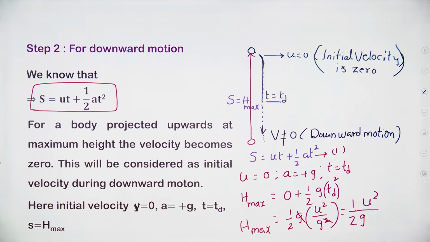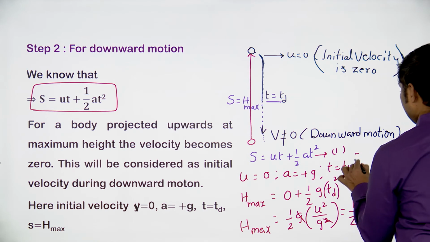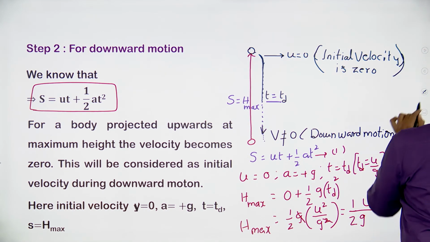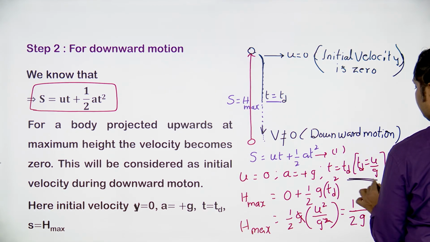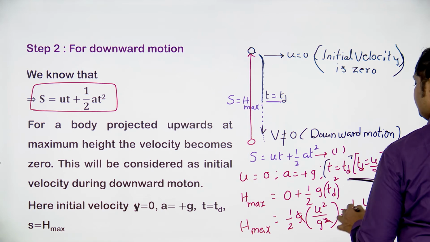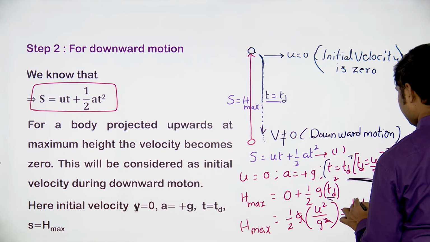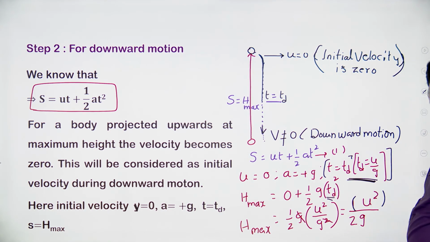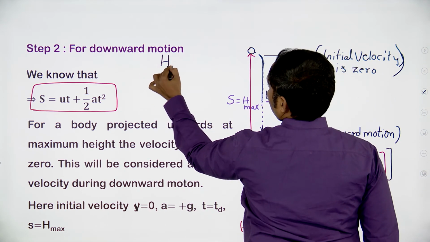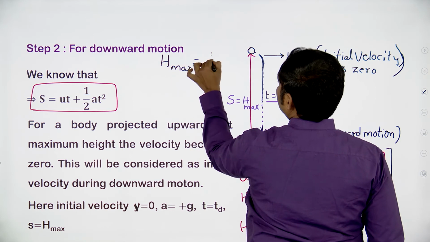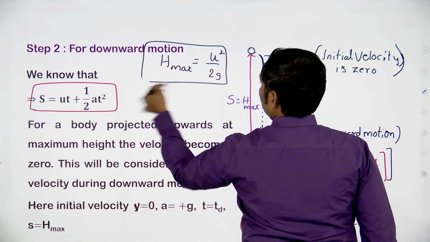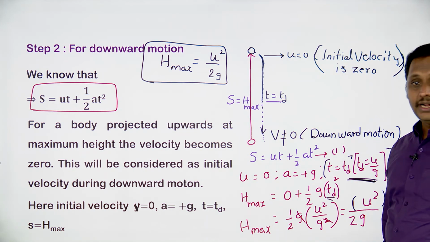In brackets, TD is equal to U by G. This is very easy for you. We substitute, that is U square by 2G. So finally, for downward motion also, H maximum is equal to U square by 2G.